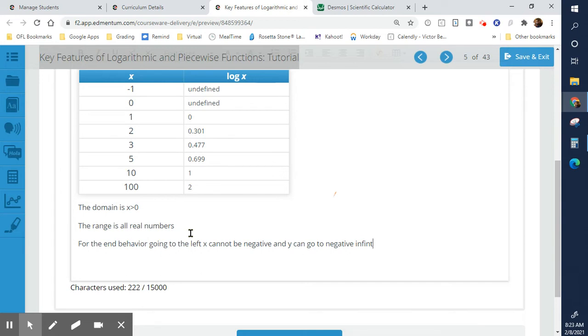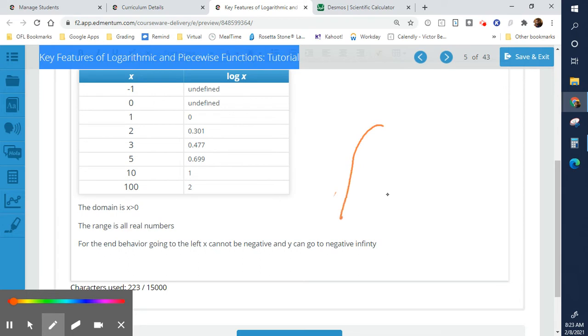This is just the idea that all y's can work, going all the way down to negative infinity. The x has a cutoff right there.